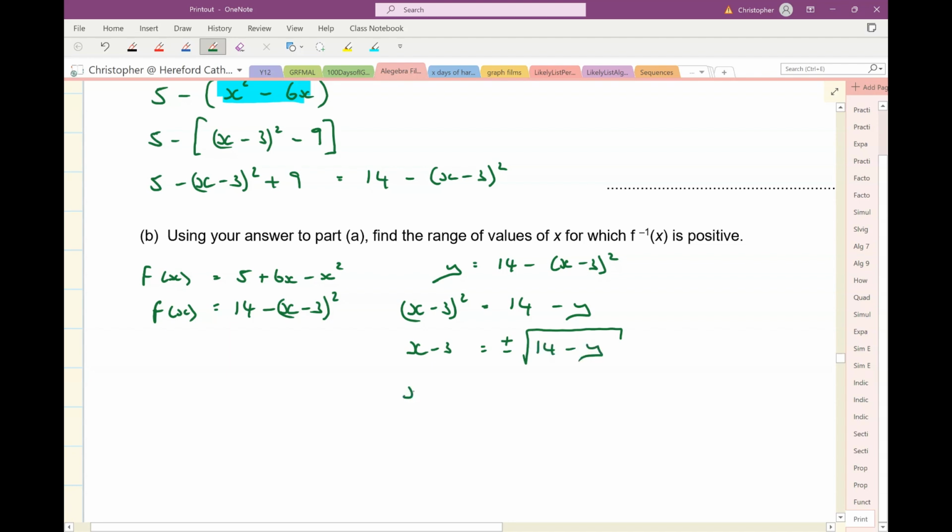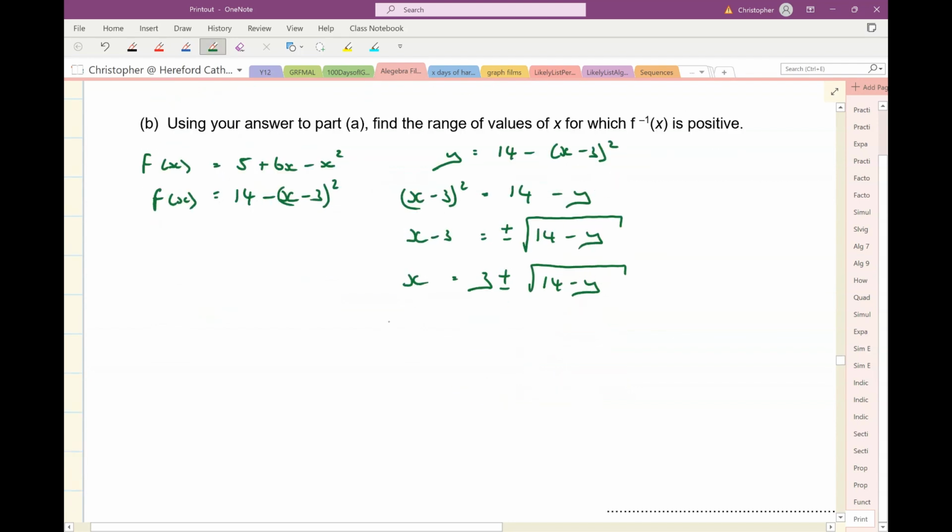And now add 3 to both sides. Okay, so it looks like my inverse function is going to be 3 plus or minus the square root of 14 minus x. All I've done there is substitute the x in for the y in that expression.